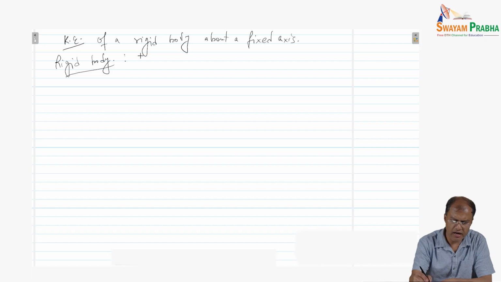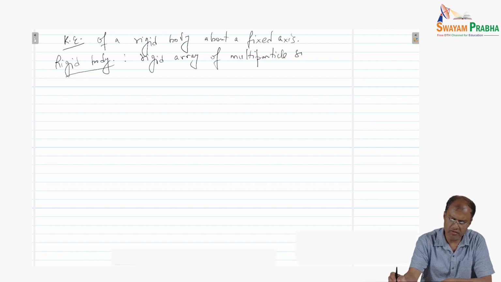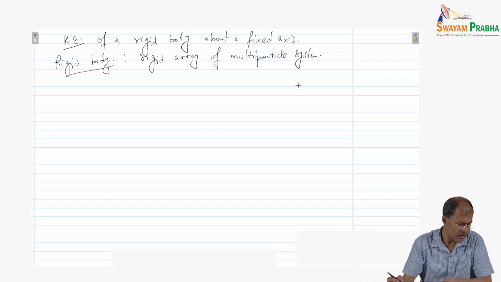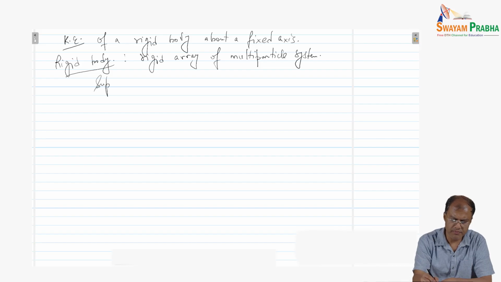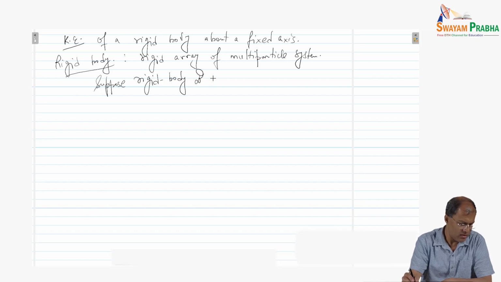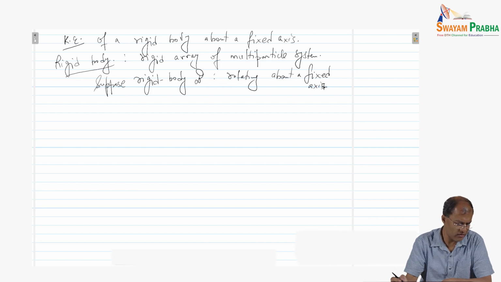So a rigid body is a rigid array of multi-particle system, and suppose we have a rigid body B which is rotating about a fixed axis.